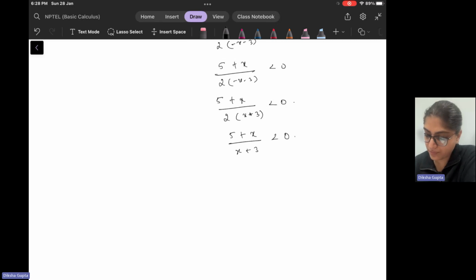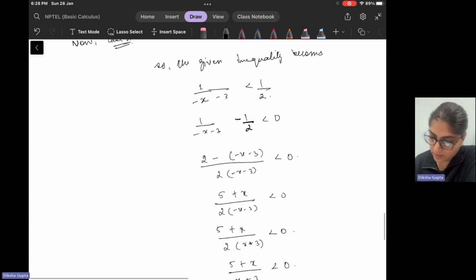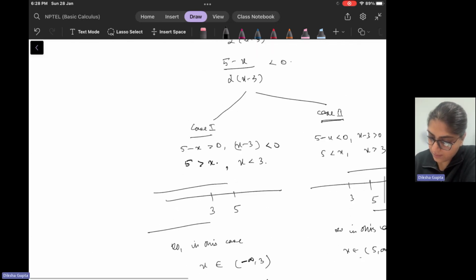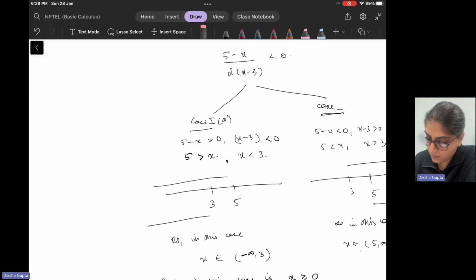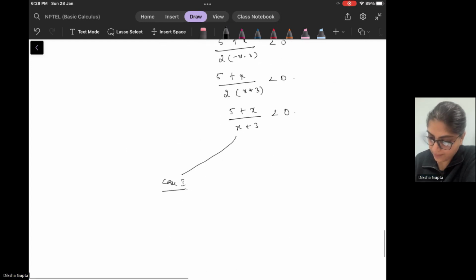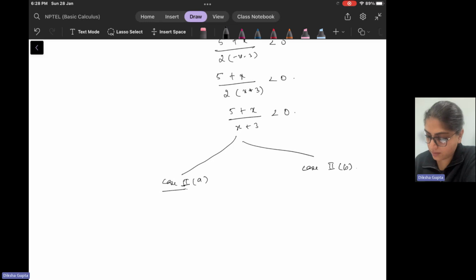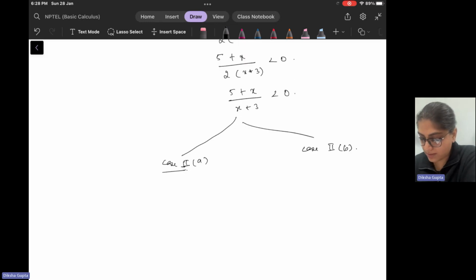Is less than 0. Now again two cases. You can write it as case 1b, case 2b, just to avoid the confusion. So this can be less than 0.